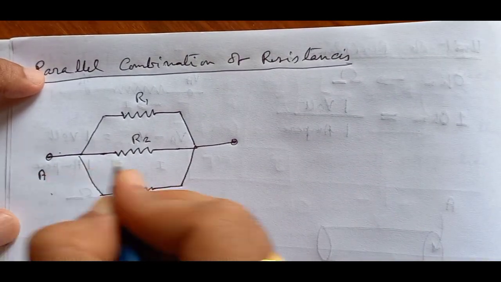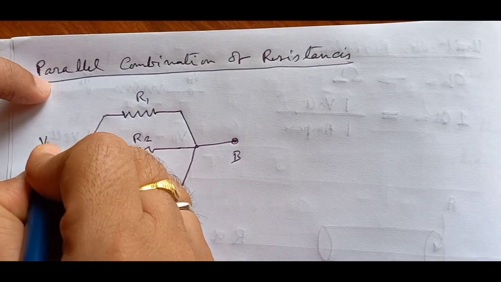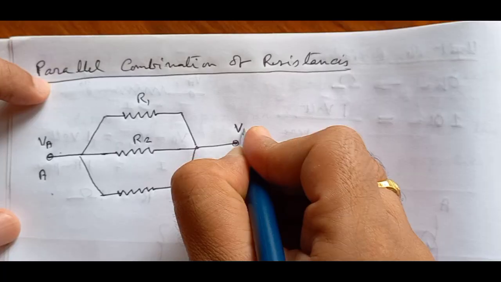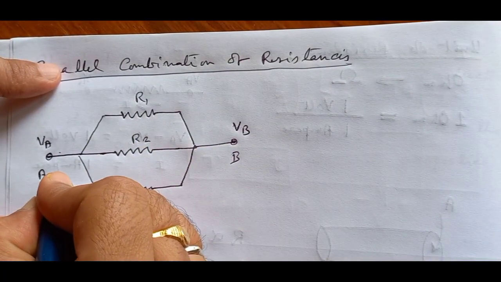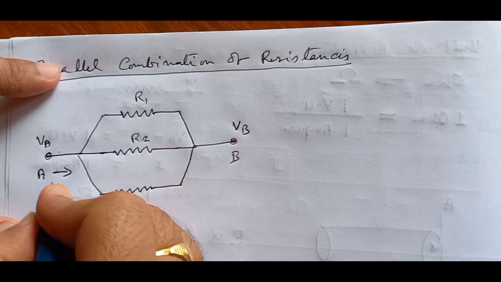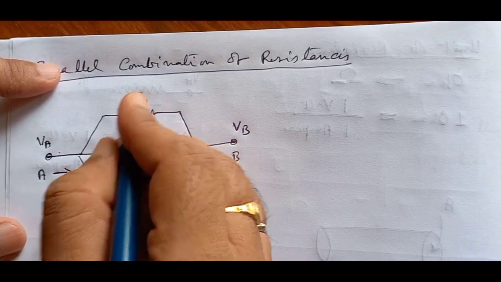This is terminal A, this is terminal B. The potential of terminal A is VA, terminal B is VB. Here the current will be branched in the three branches.